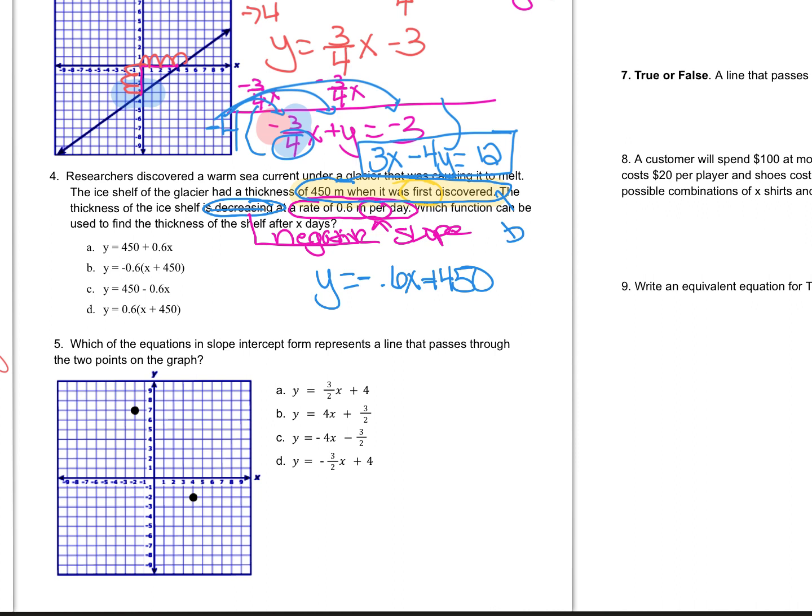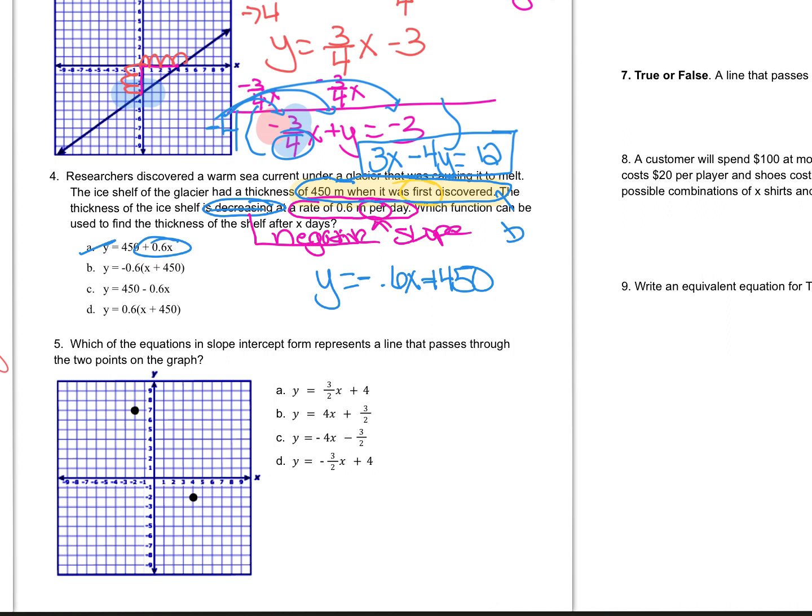So let's take a look at our answer choices, okay? My first one here, well, it's almost right, except my slope is positive, so A is not correct, okay? And then let's say B, well, B is in point-slope form.